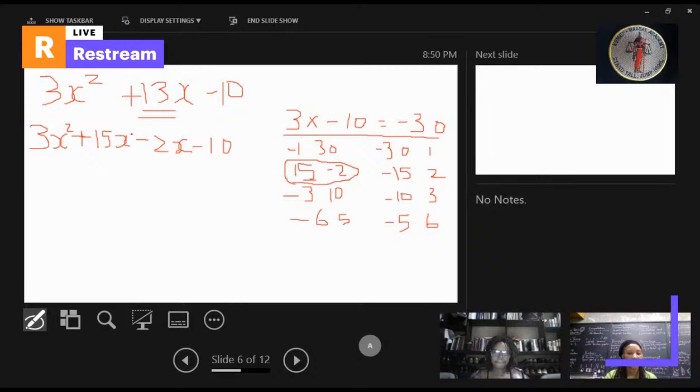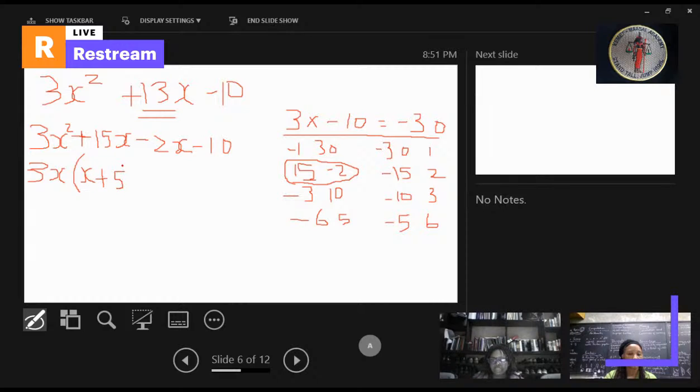Okay. So we replaced the 13x with 15x minus 2x. Now we're going to factorize them in pairs. The common factor of 15x and 3x squared is 3x. So 3x into 3x squared leaves x, and 3x into 15x is positive 5.